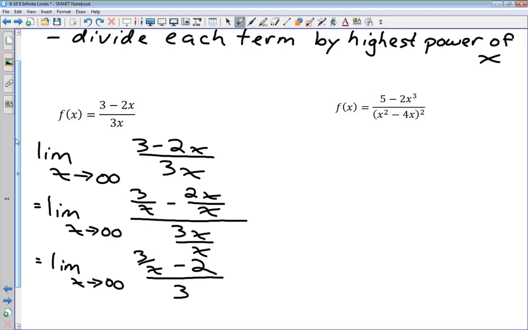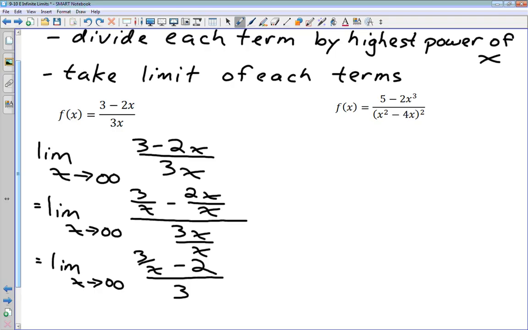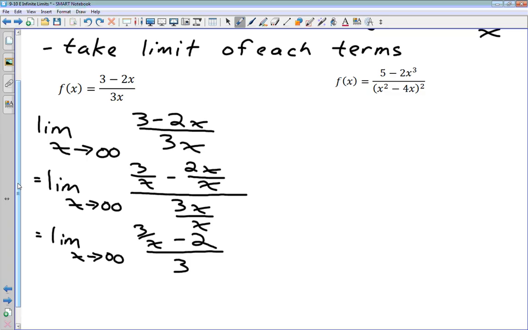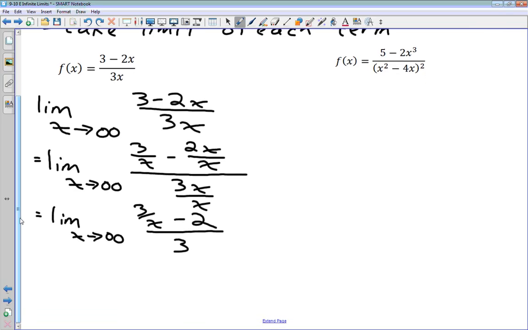And now we can actually take the limit, or evaluate the limit, as x goes to infinity of each one of these terms separately. So we're taking the limit of each term.